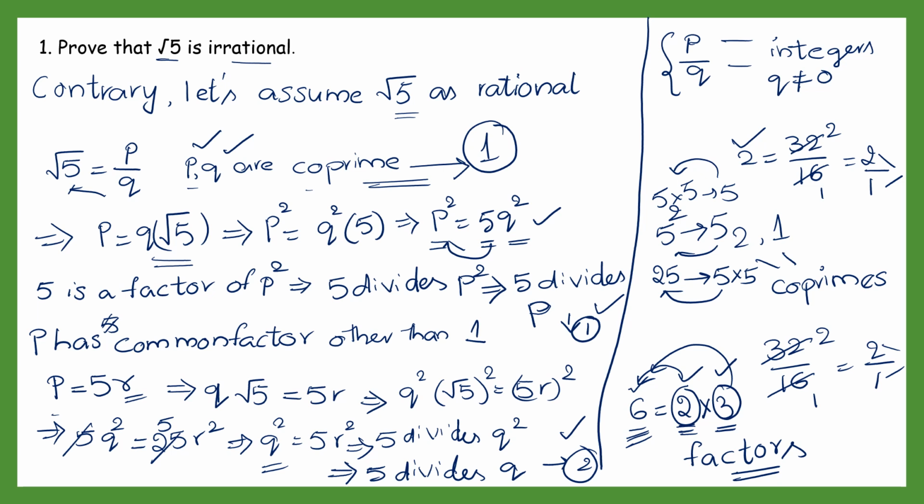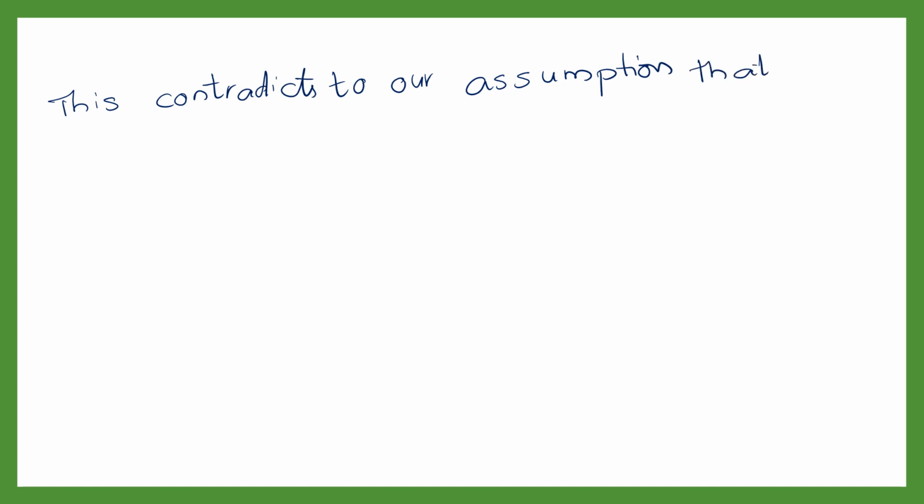So based on 1 and 2, we observe that p and q have another factor other than 1. So this contradicts our assumption that p and q are co-primes.